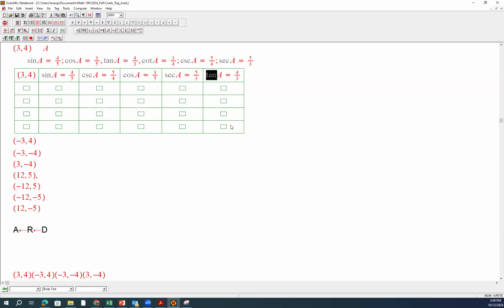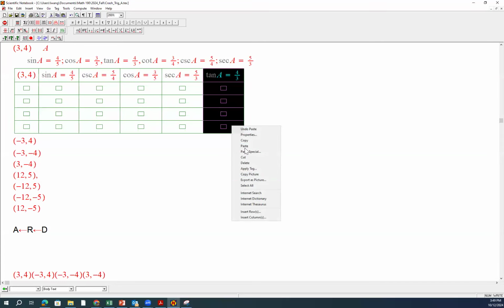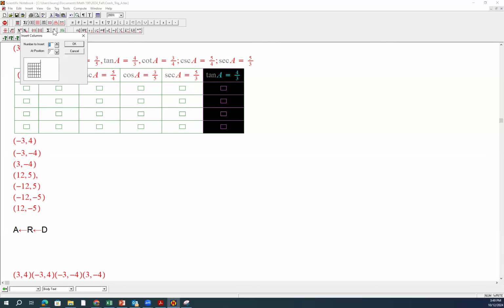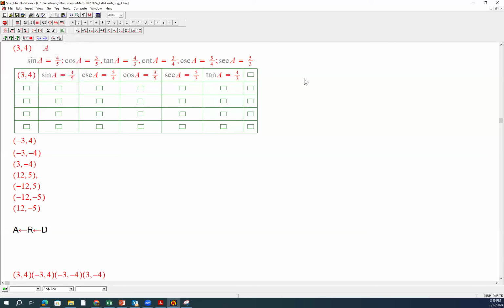And I need a column for cotangent. I think you can tell why I put them this way. You can choose your own order, but the way I chose reflects their relationship, that they're reciprocal to each other.